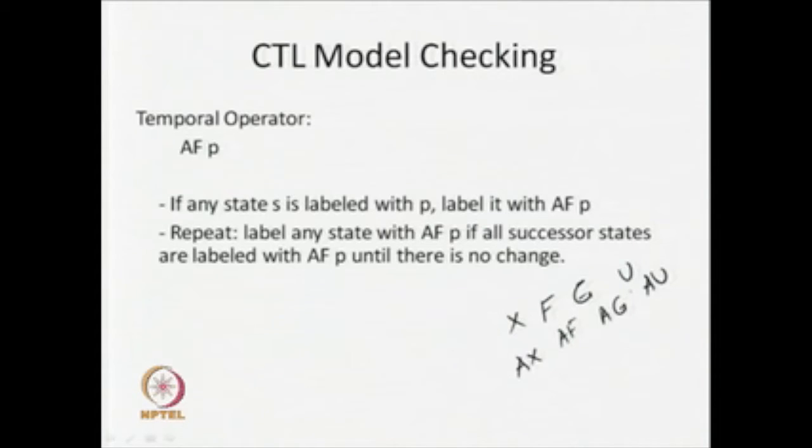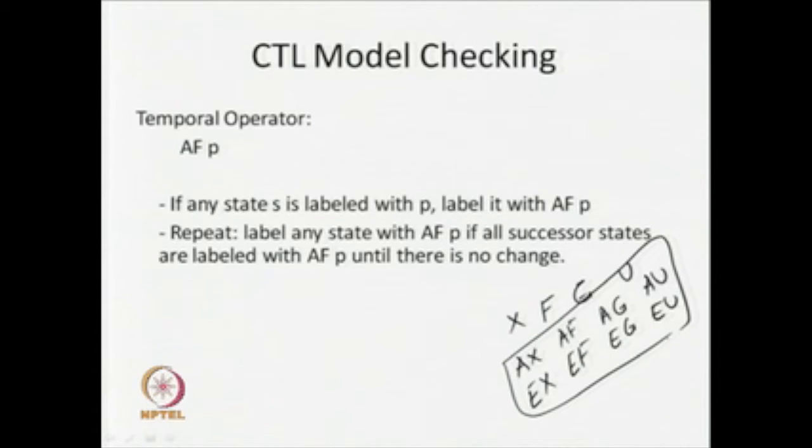Until is a binary operator, but X, F and G are unary operators. For the other path quantifier E we have EX, EF, EG, EU. Now, we need a procedure to evaluate these operators, but already we have seen that we need three operators, which are the adequate set of operators. At least it should contain one next state operator, one until operator, and we can choose one of the operators like F or G, either AG.